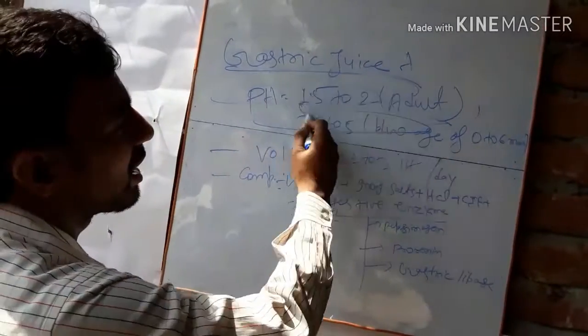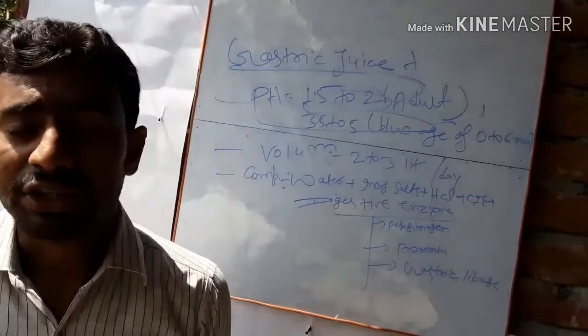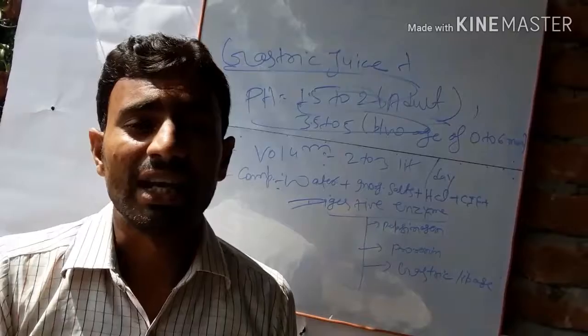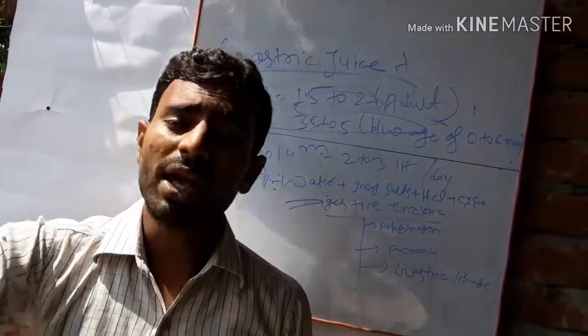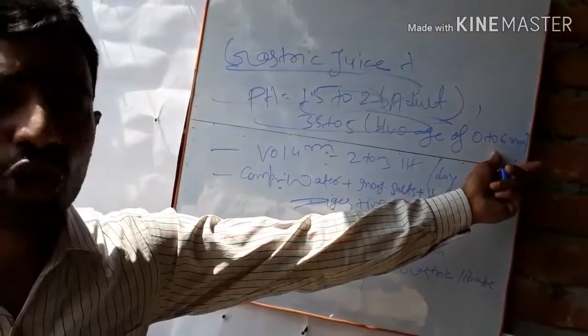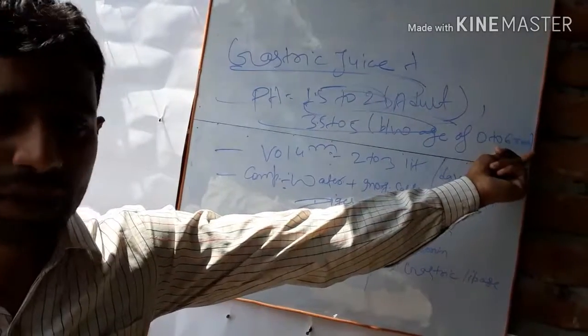Why does the pH decrease in the adult? Due to the increase of HCl.